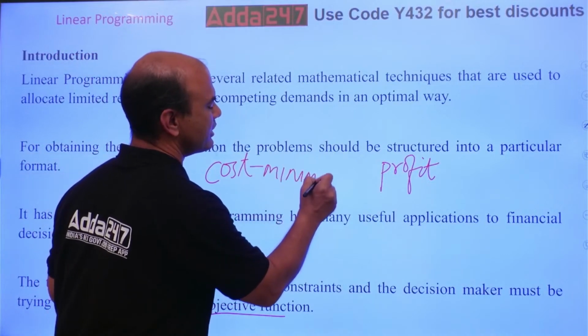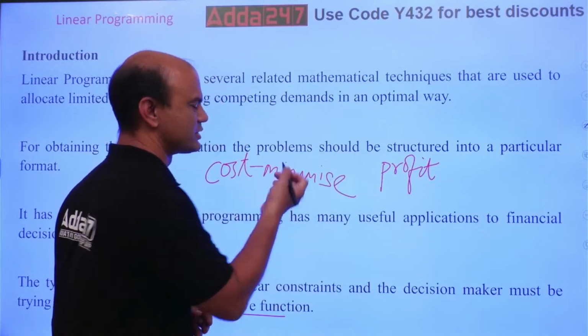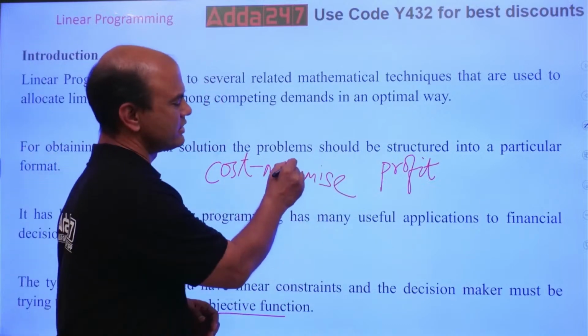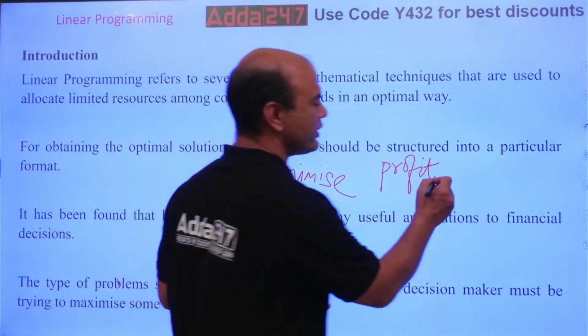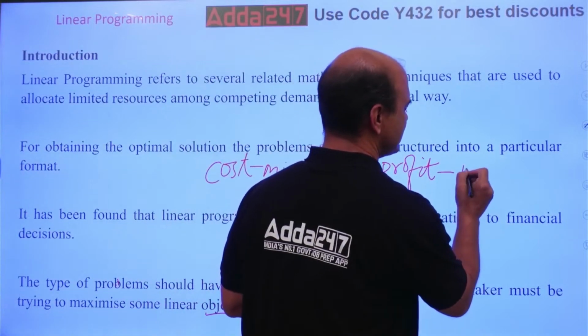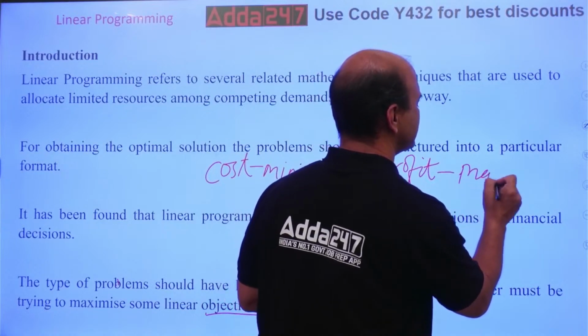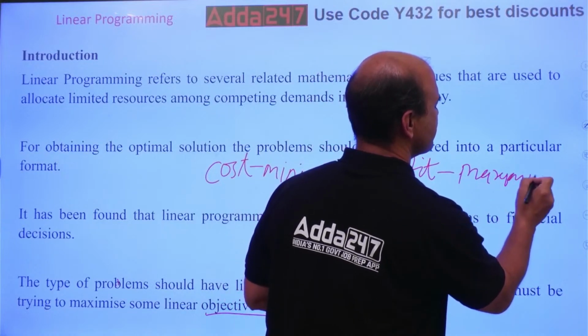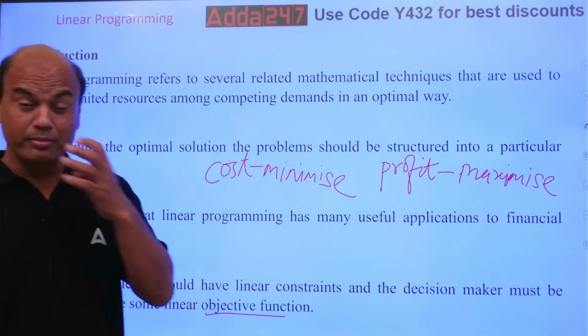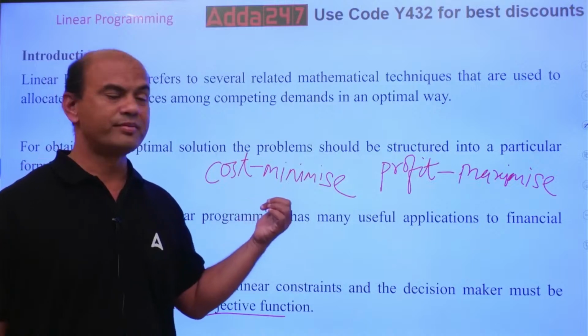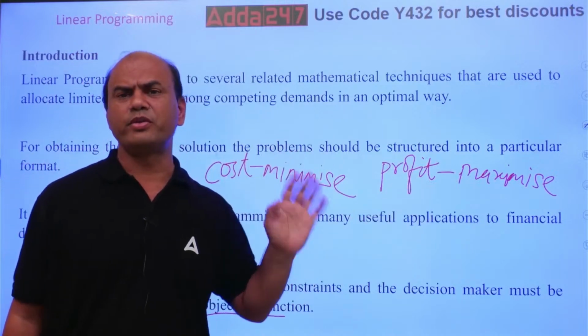So cost over here, you'll always try to minimize this cost. Any company owner, any company, in your house also, you're trying to minimize the cost. And what are you trying to do? Increase the profit or income, you can call it. Maximize, I will write it. So you're trying to minimize this cost and maximize the profit or earnings.